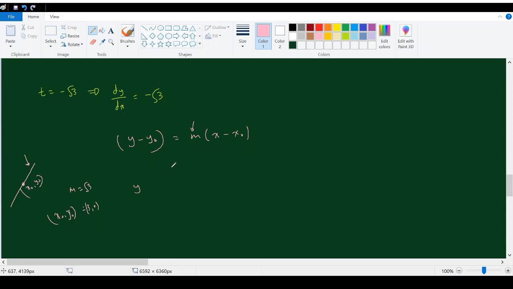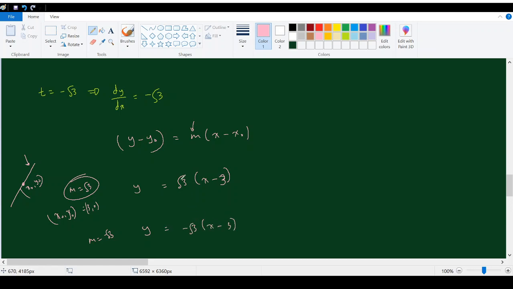So this is the required equation, and you can see y naught is equal to 0 and m is equal to root 3 in this case, so this is equal to root 3 times x minus 3. And when the slope is equal to negative root 3, then the equation will be like this, right?